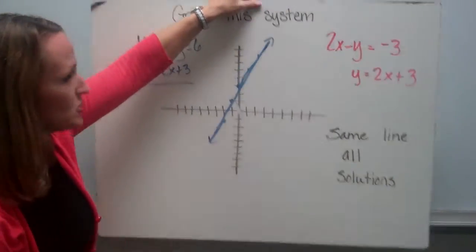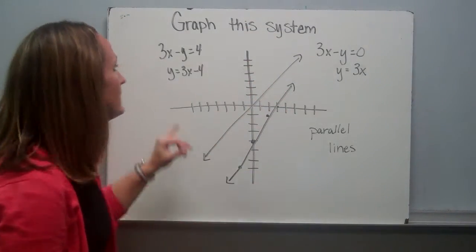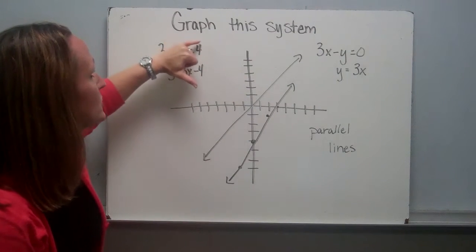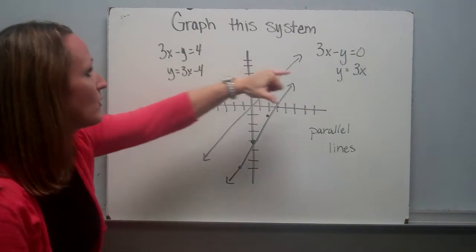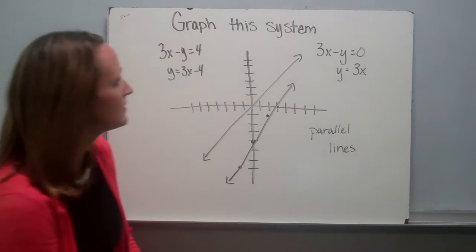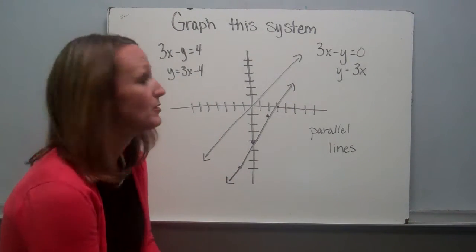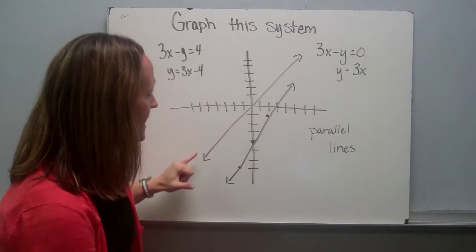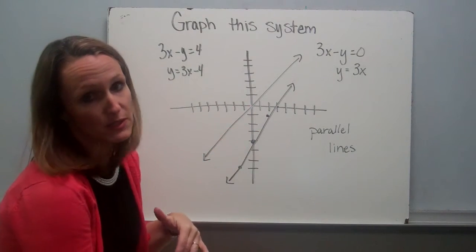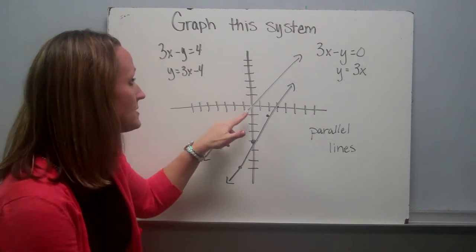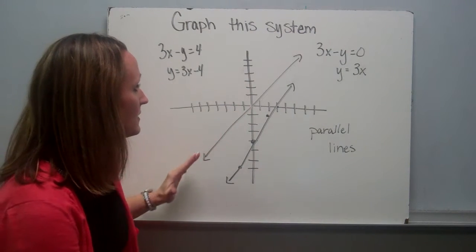Okay, so then there's another special circumstance. Here again, we have to move it around to be in y equals mx plus b. My lines are not perfect. One of them was just 3x, so we know it goes through the origin because there was no other intercept, no up or down, so we put it here and drew our line.